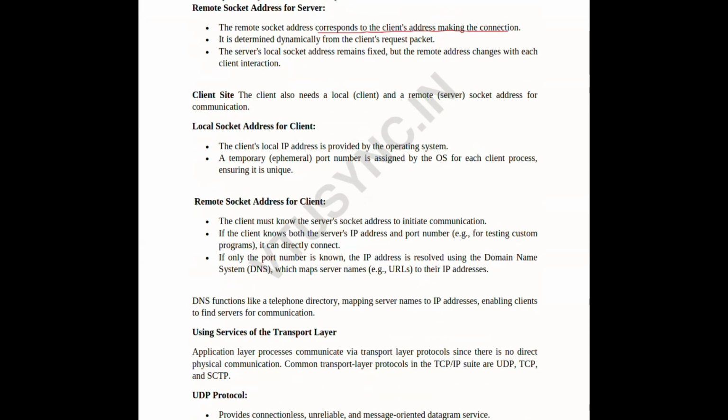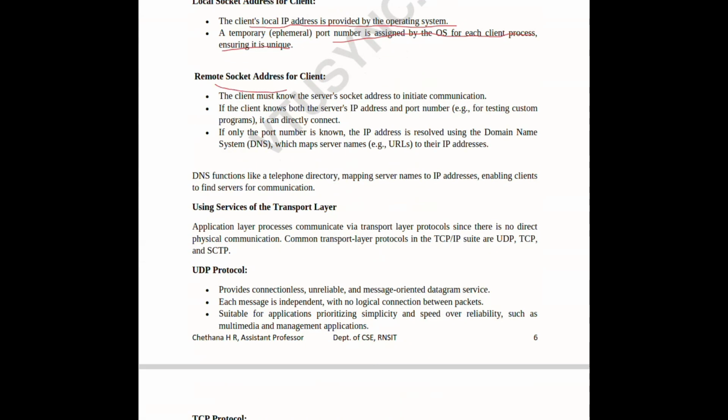On the client side, local socket address is the client's local IP address which is provided by the operating system. Temporary port address is assigned by the OS for each client process, ensuring it is unique. Remote socket address: client must know the server's socket address to initiate the communication.